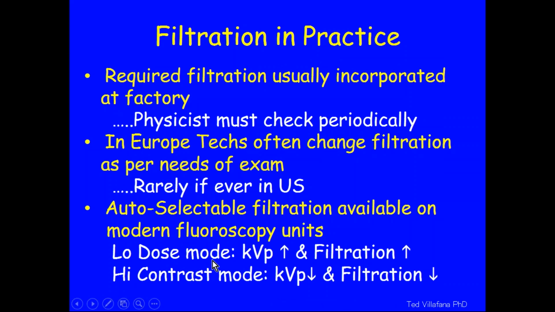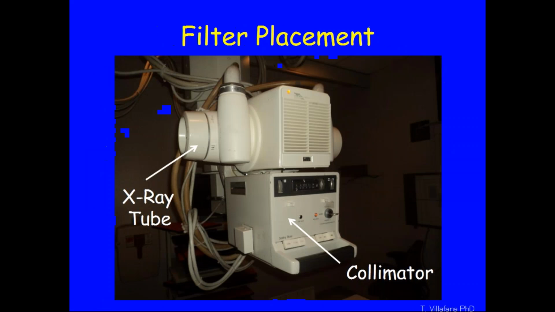A low dose mode means that your contrast is lower. So these are opposites. To get low dose, which sounds great, it means that you're also going to get low contrast. When you choose high contrast, that sounds good, but it also means that you're going to get more dose. Okay, so there's the good and the bad of these.